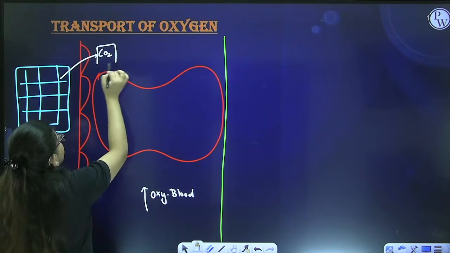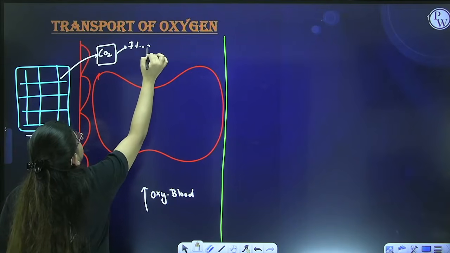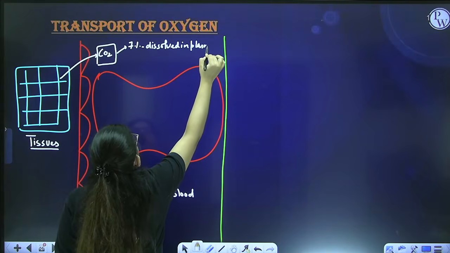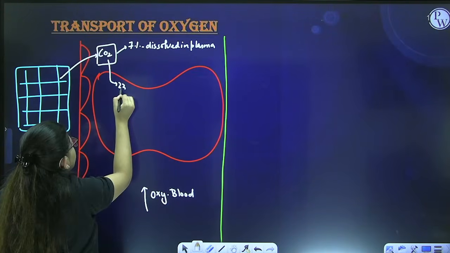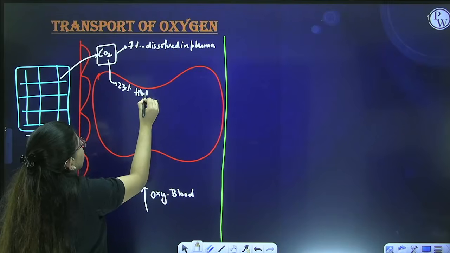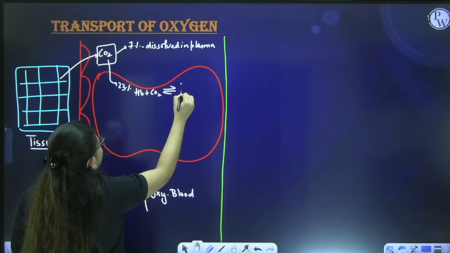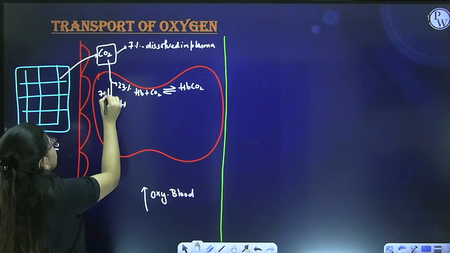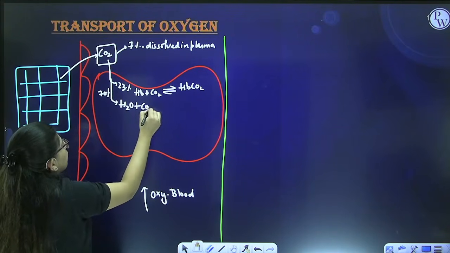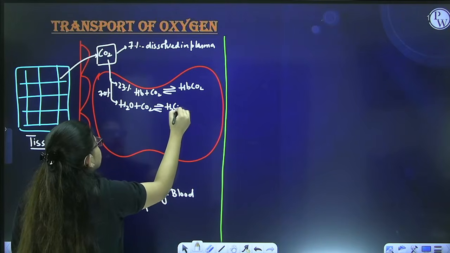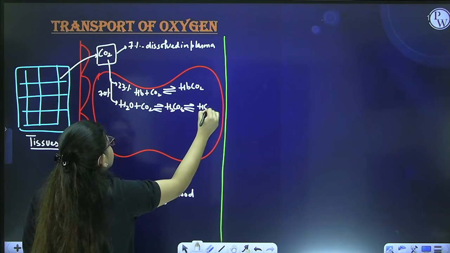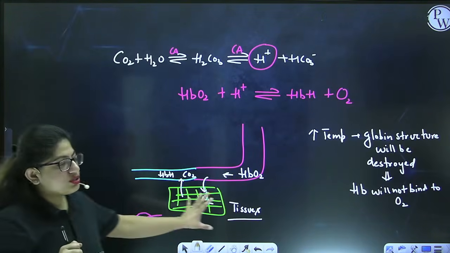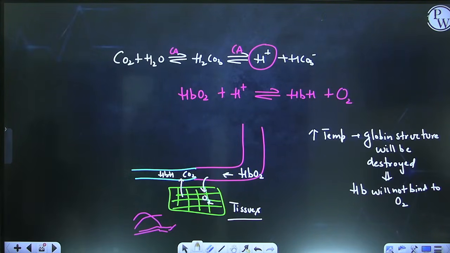Now, this CO2, 7% will be dissolved in plasma, around 23% will bind with the hemoglobin and form carbaminohemoglobin, and 70% will react with water and form carbonic acid, and hence HCO3 negative plus H positive ion. This is what we have done here also. Just look at it.